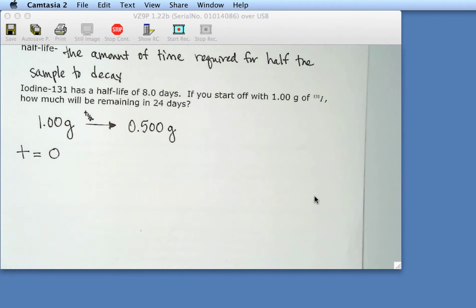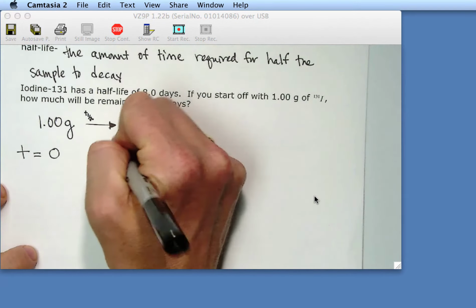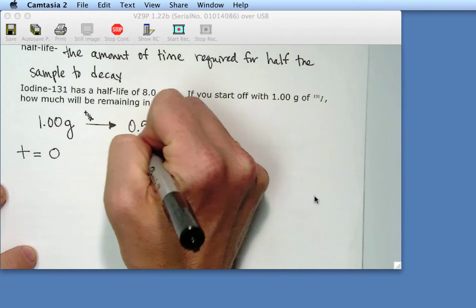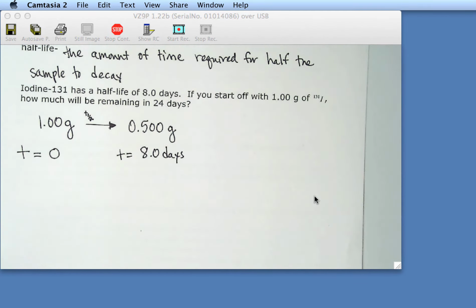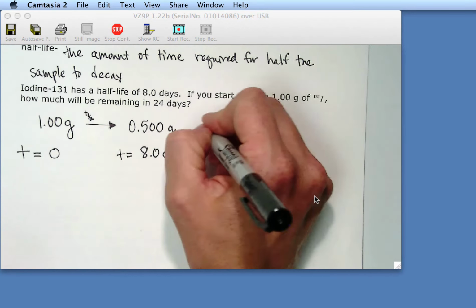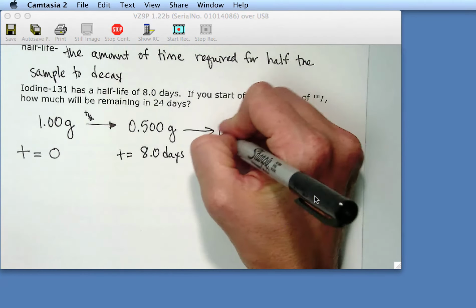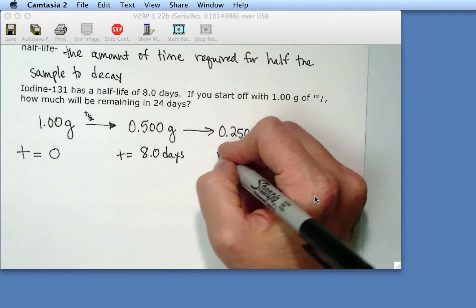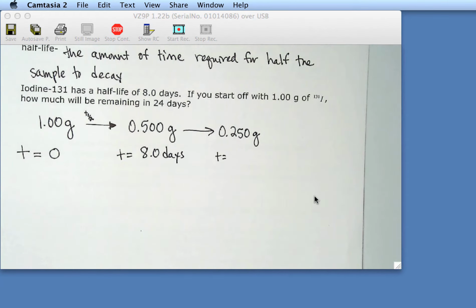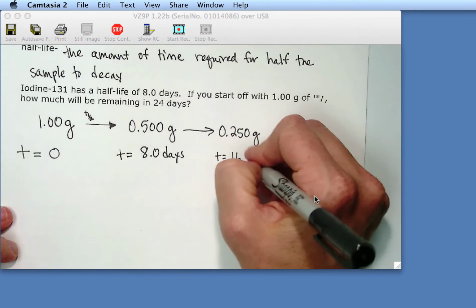Now, what is the time when you have 0.5 grams? If it's a half-life that's elapsed, it must be 8 days. So we're still not to 24 days, so we're going to have to go through another half-life. So half that. What's the time now? 16 days.